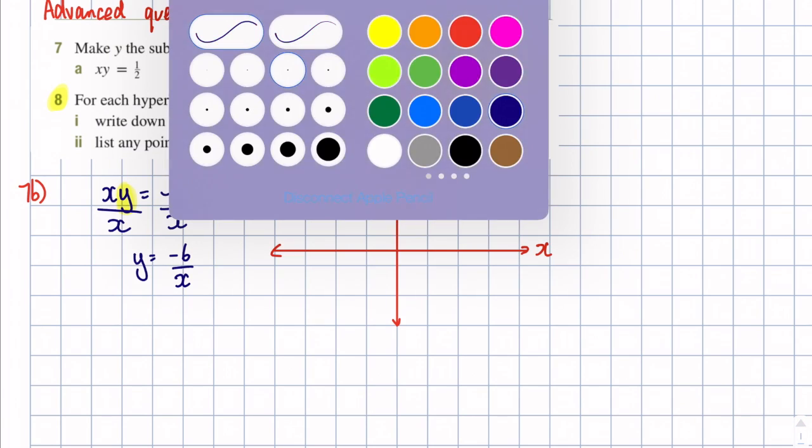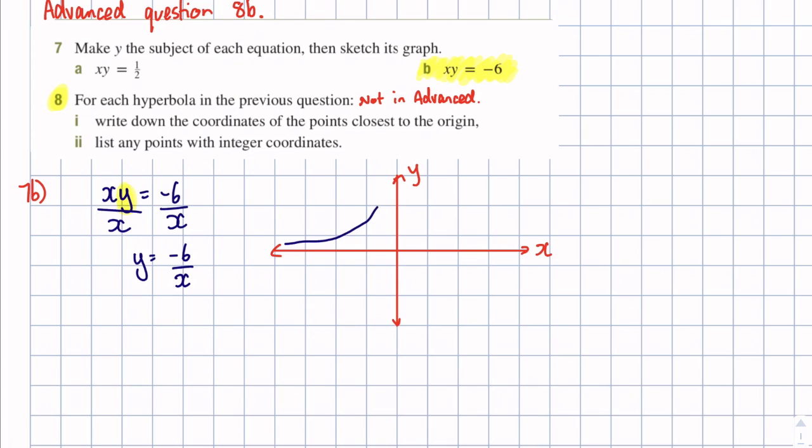I know it's negative, so it's going to look like that. And that's it. I've sketched it. If they want you to put a point in, when x equals 1, y equals minus 6. So that would be the point 1 comma minus 6. But that's all you would have to do.